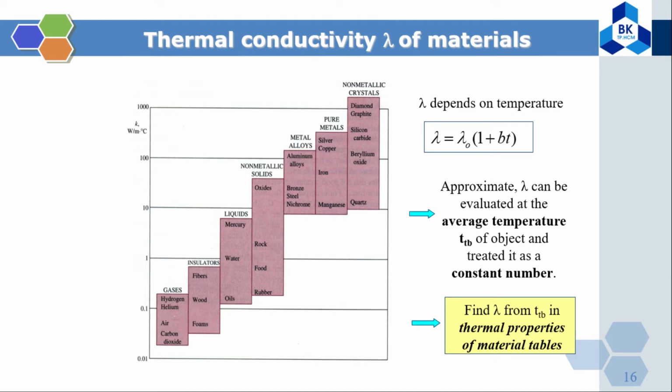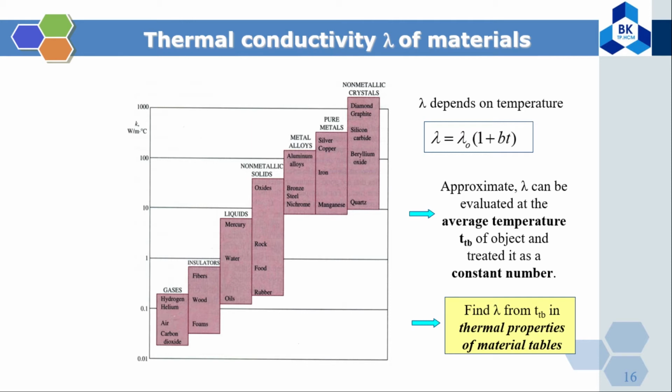Next are the pure metals: silver, copper, iron, etc. Metal alloys, a combination of different metals like aluminum alloys, bronze, steel, and nickel alloys, have lower thermal conductivity. And going down, gases have very low conductivity.